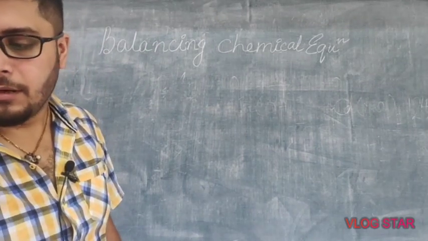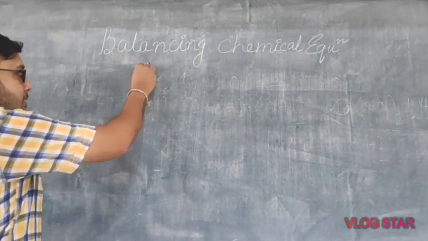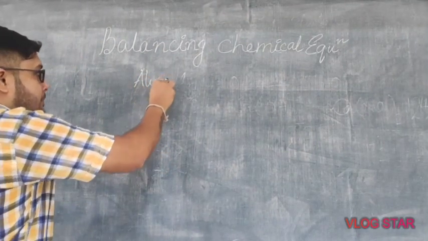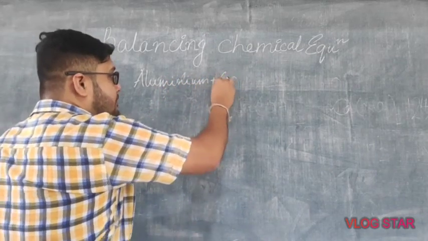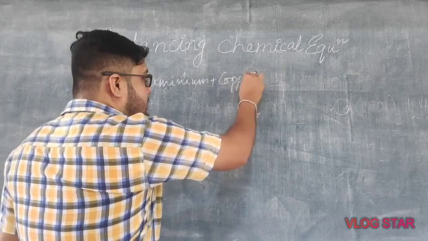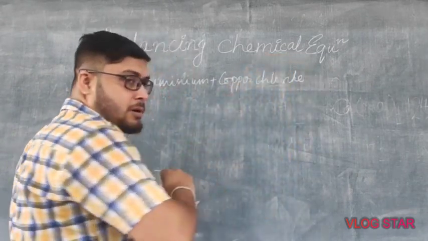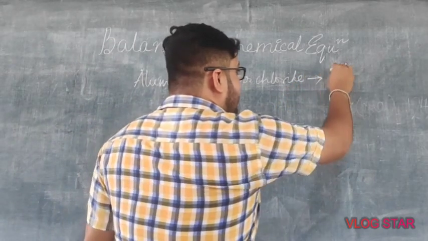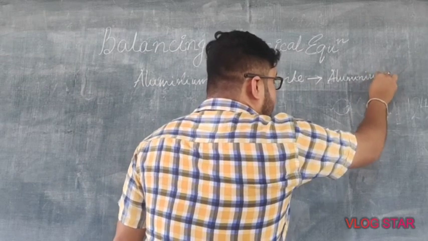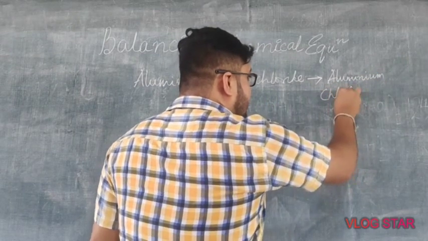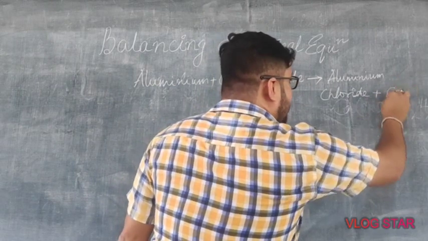Say for example, if we look at this example, aluminium plus copper chloride, we will get aluminium chloride plus copper.